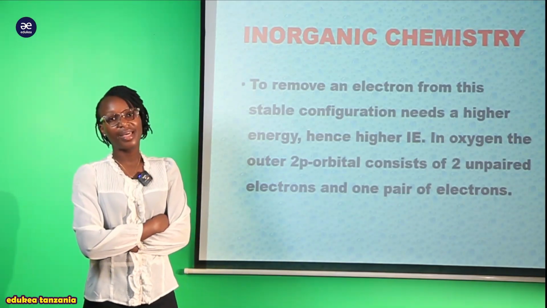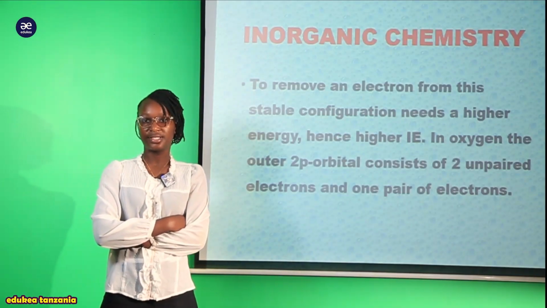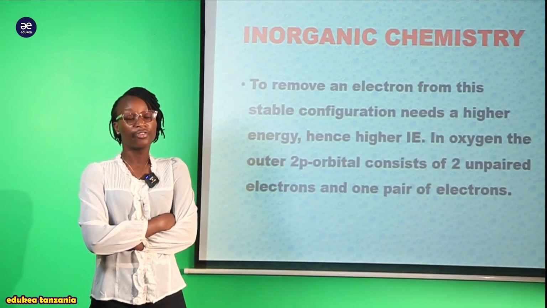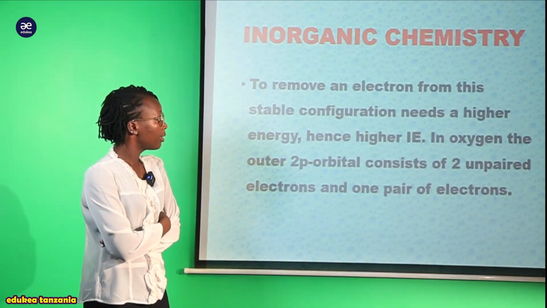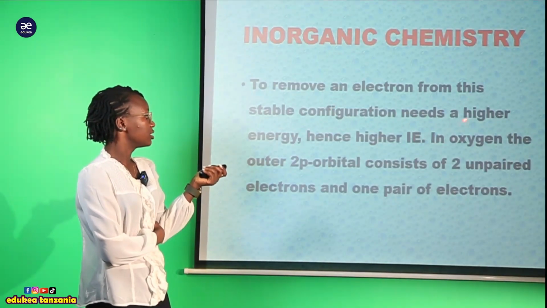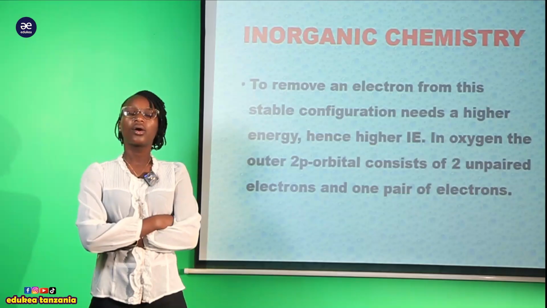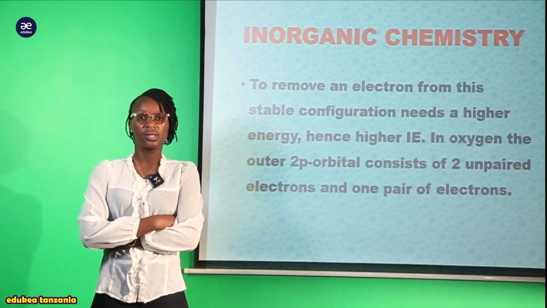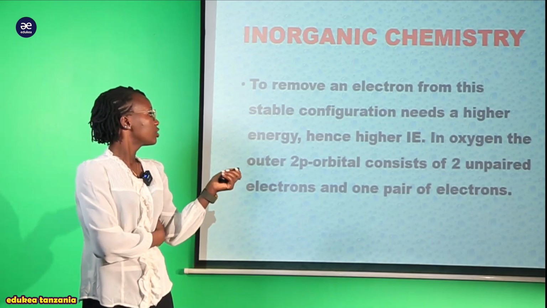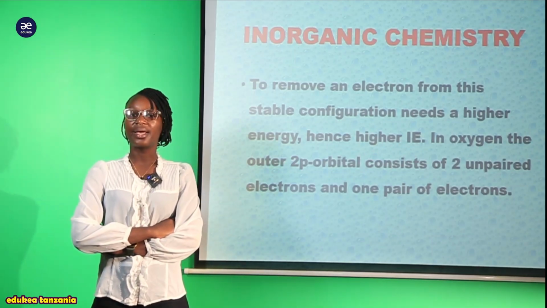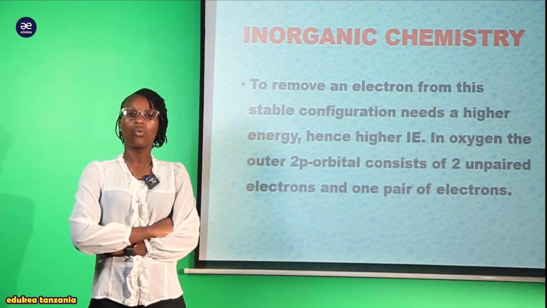Sasa in order to remove the electron there, it is actually difficult because the electronic configuration has attained filled stability. Kwa hiyo itahitajika energy kubwa ili uweze kuremove electron there, kwa sababu ile tayari ishakuwa stable. So hence higher ionization energy. Kwa hiyo sasa hii inapelekea ionization kuwa kubwa.